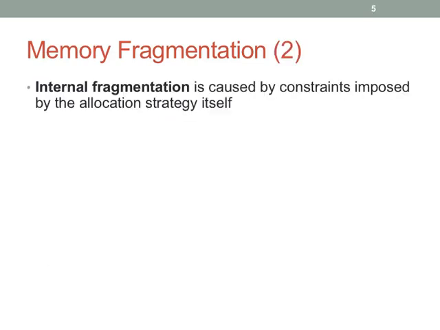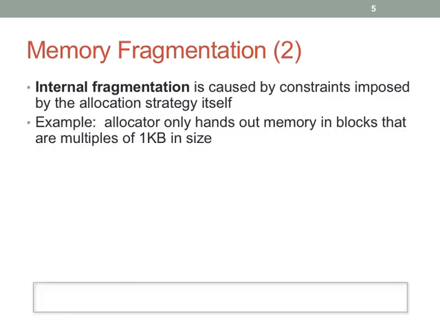Internal fragmentation is basically what the allocator imposes on other pieces of code. And this is where internal fragmentation can be really nasty. Let's say that the allocator rounds all requests up to 1 kilobyte in size. Okay, that seems wasteful, especially when you see these requests.